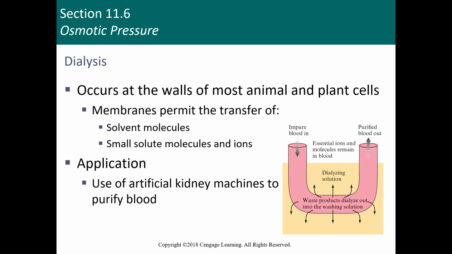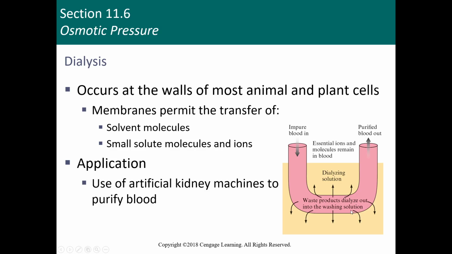So the application is going to be the use of an artificial kidney, machines to purify blood. In an animal, this is going to happen at your kidney, and you will transfer these various different small solute molecules and excess solvent out. You will urinate it out, and you will get rid of the waste particles that you don't need.